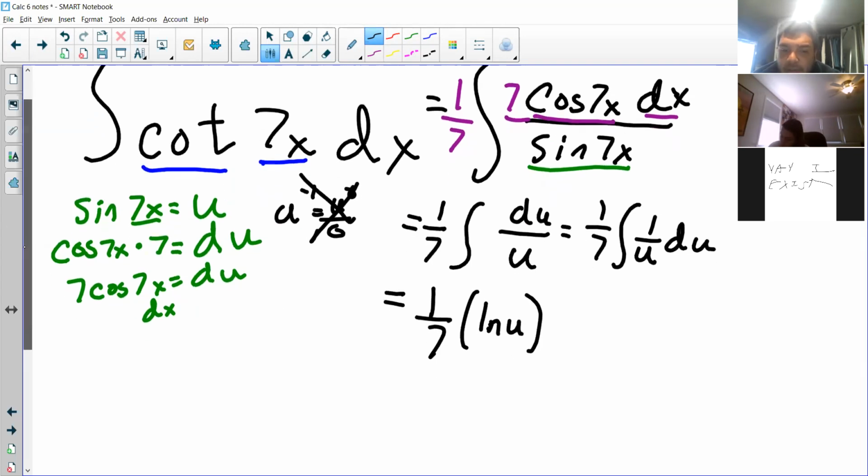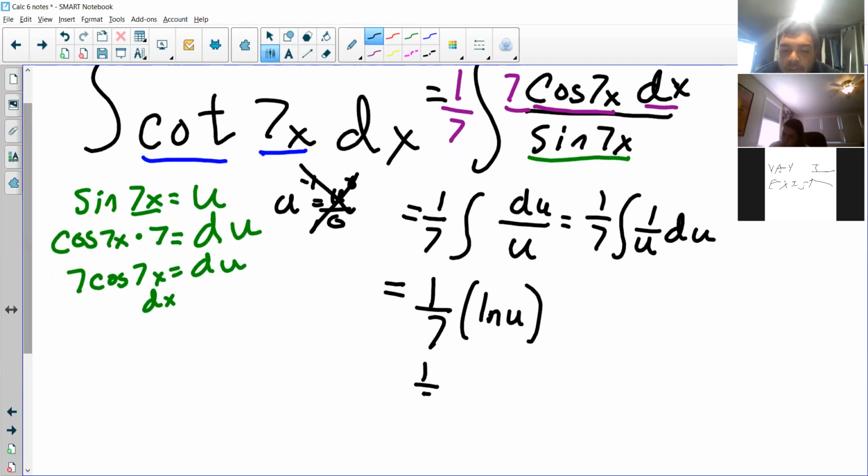We actually have a value for u: 1 over 7 ln, and inside the ln is sine 7x. That's the u from originally. Don't forget, we integrated without bounds, so plus c.